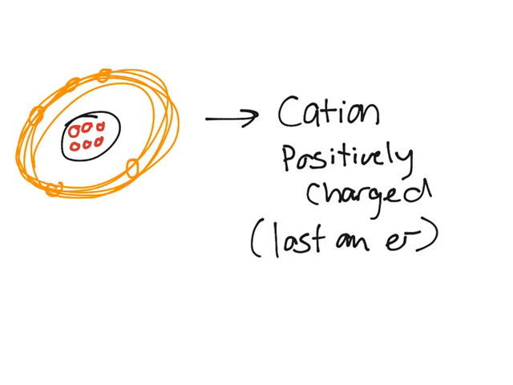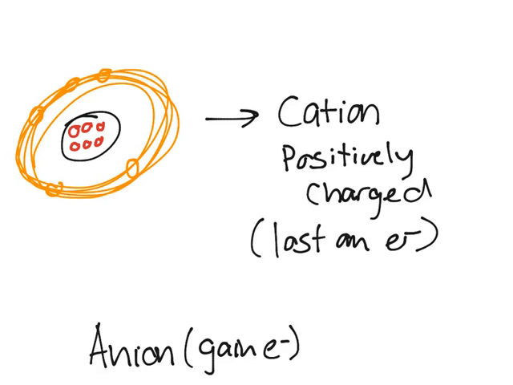And so if you have the same number of protons in carbon, and then for example carbon gained an electron on the other end, that would be called an anion. So an anion gained electrons, and it also has a negative charge. A good way to remember this is cats have paws.